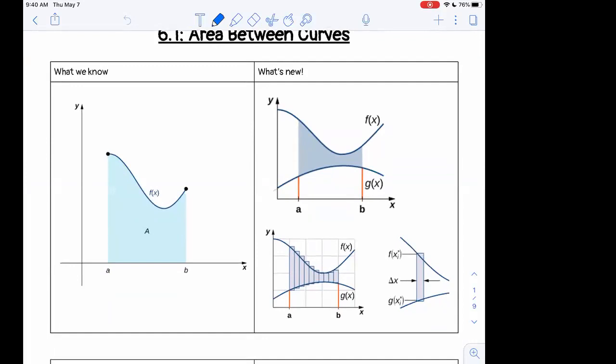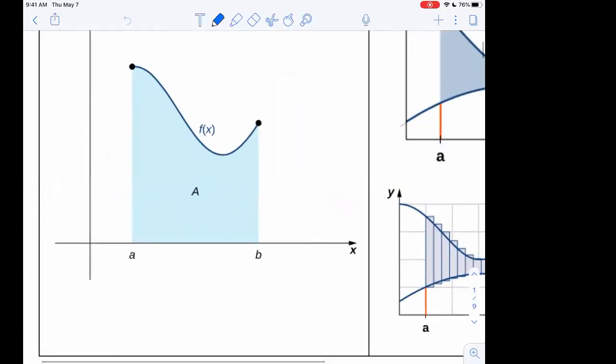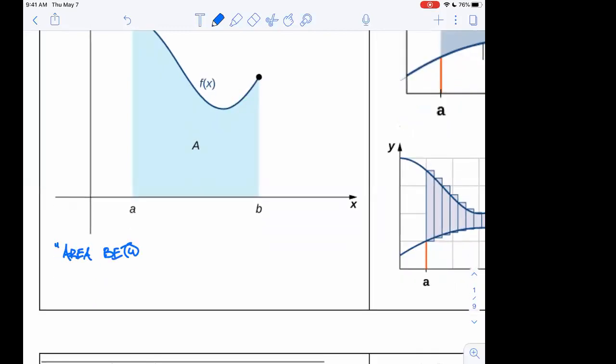So what we know, what we did in basically all of chapter 5, was think about how we could find the area between the curve and the x-axis. That was a phrase that we saw a lot, that we were looking for the area between the curve and the x-axis, okay?